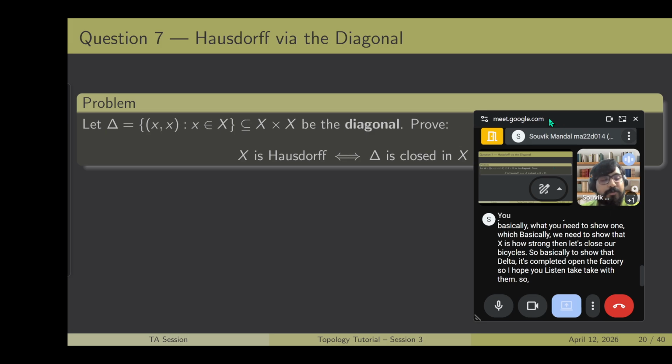So one direction is when you show that it's closed, that is, the complement is open. That means you need to take a point (x, y) with x not equal to y, and show that there is an open set U such that U intersection delta is empty. The hint is as follows.